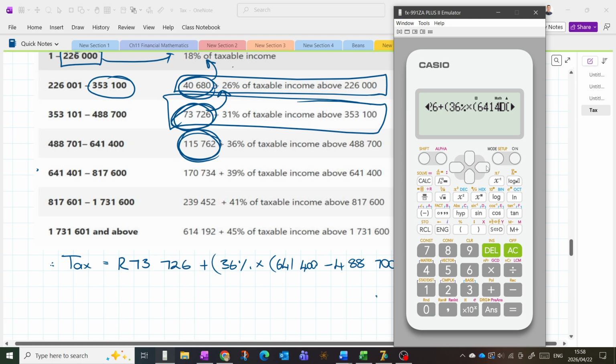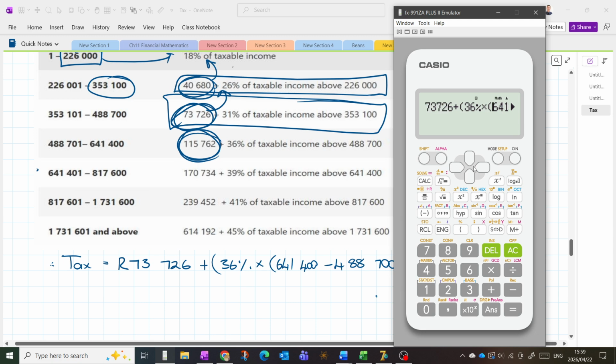So the top range above. I'm using the wrong bracket. I'm being silly.